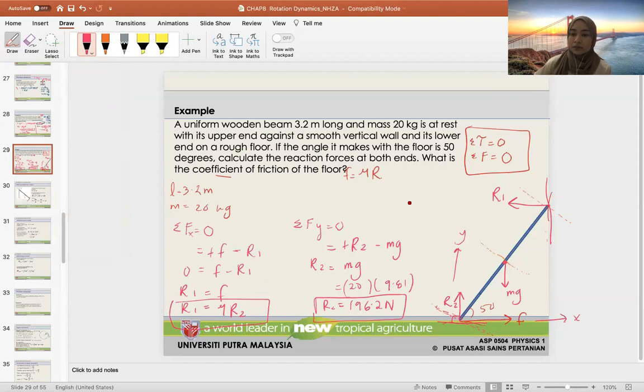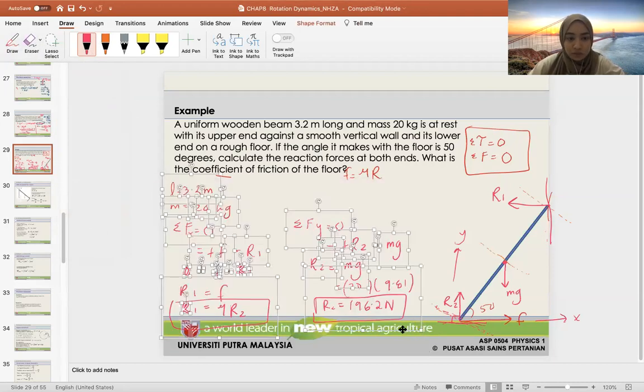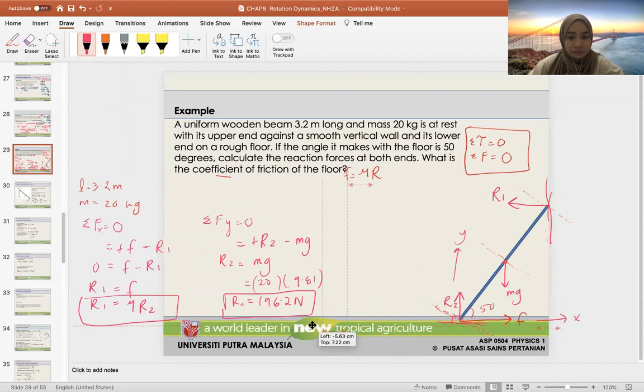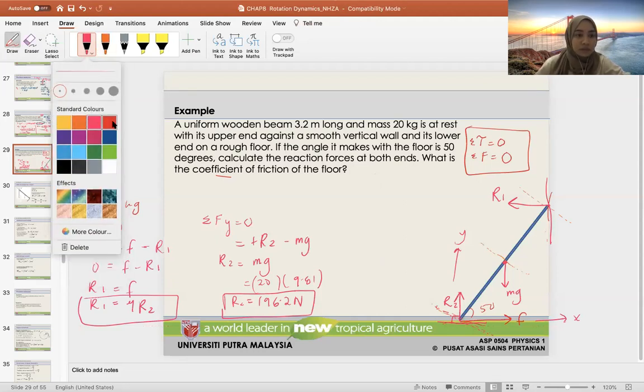Then we use the second condition, which is net torque equals 0. Let's drag this over here, and then we can delete this. Okay, so let's do the torque one. I'm going to use blue now.